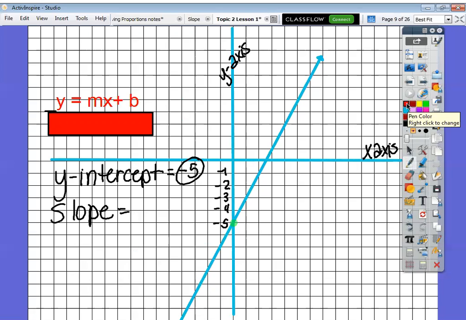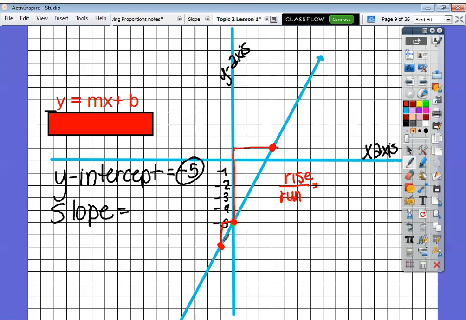For my slope, I'm going to have to find some good intercepting points. Well, this is one already. This is a good one down here, and look at that one up there. I like that one. Now I'm going to build my stairs. Remember, slope is rise over run.